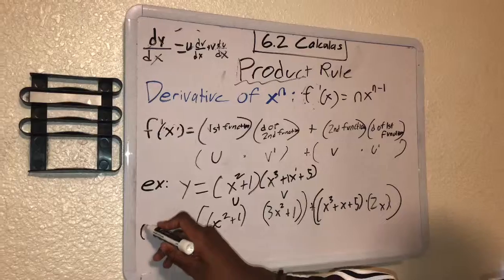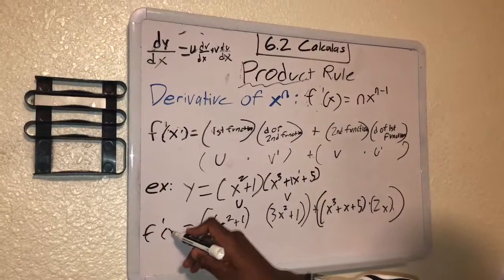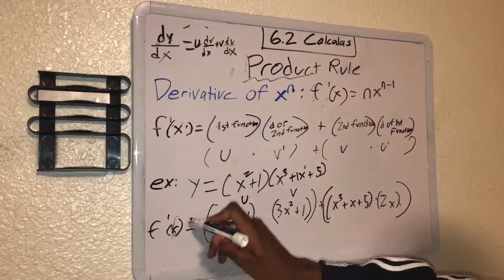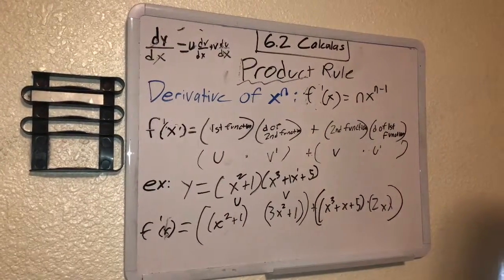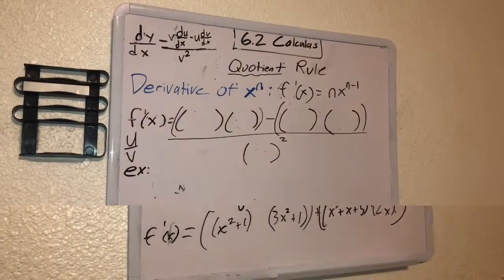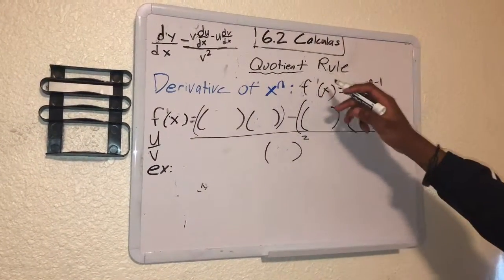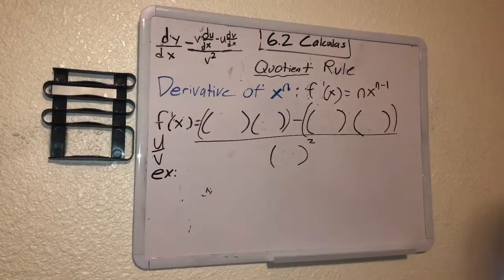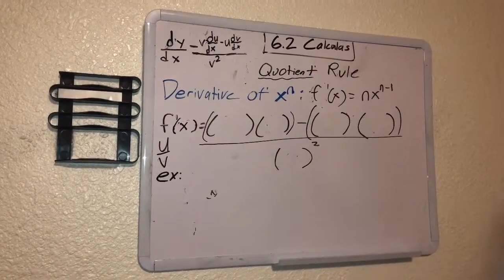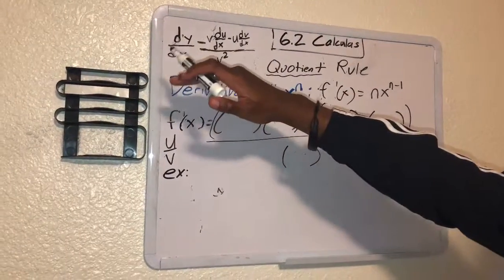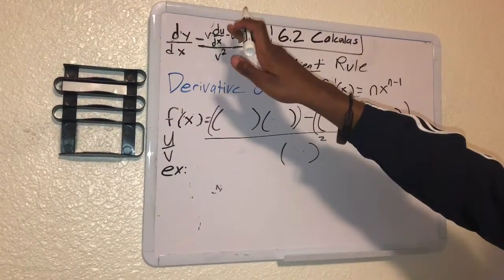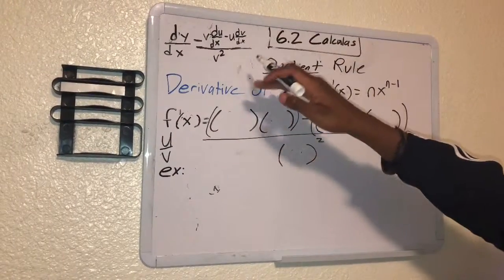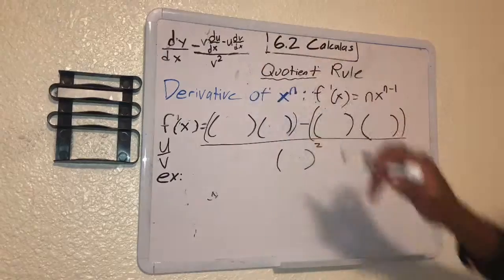So this essentially would be the derivative right here. So let me notate it like this. Okay, so lastly we have the quotient rule. The formula that's in the ID formula packet for the quotient rule is the derivative equals v times the derivative of u minus u times the derivative of v, and then that whole thing divided by v squared.